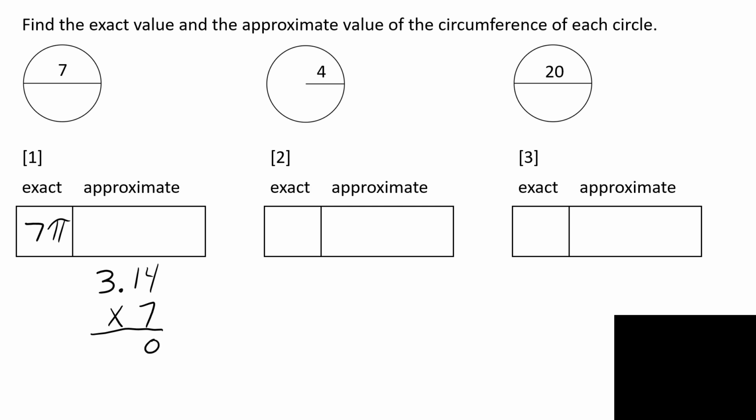Got to put down the 8, carry the 2. 7 times 1 is 7, plus 2 makes 9. 7 times 3 is 21. Now there were 2 digits behind the decimal, so I need 2 digits behind the decimal in my answer. And so the approximate value is 21.98.